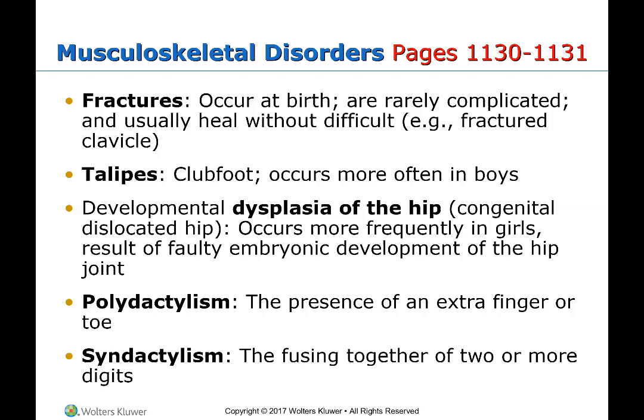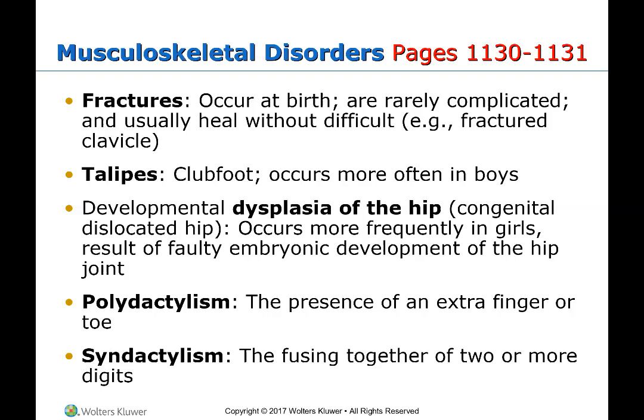Polydactylism and syndactylism. We're talking about what? Fingers and toes. Poly, too many fingers or toes, and syndactylism, what? Fusing together, webbed, we could say. So sometimes when we talk about an extra finger or toe, it's almost like a little skin tag.